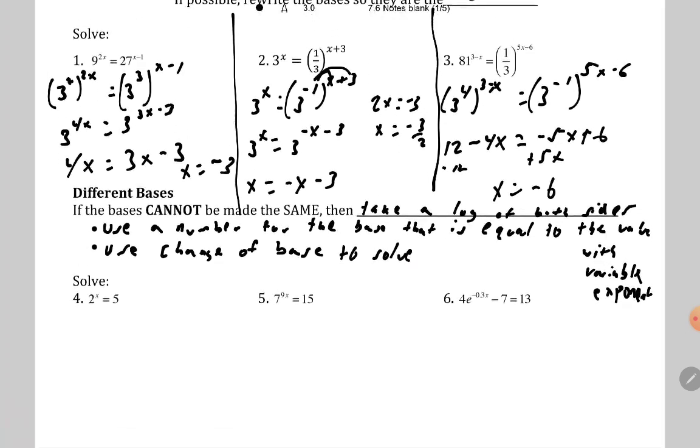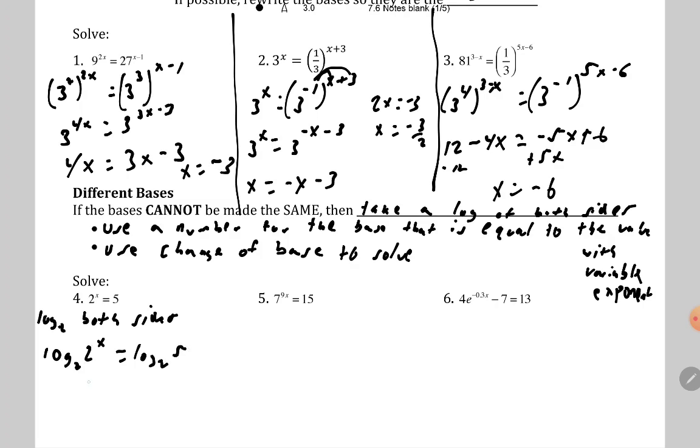Alright, so 2 to the x equals 5. So I'm going to log both sides, base 2. I'm going to get log base 2 of 2 to the x equals log base 2 of 5.